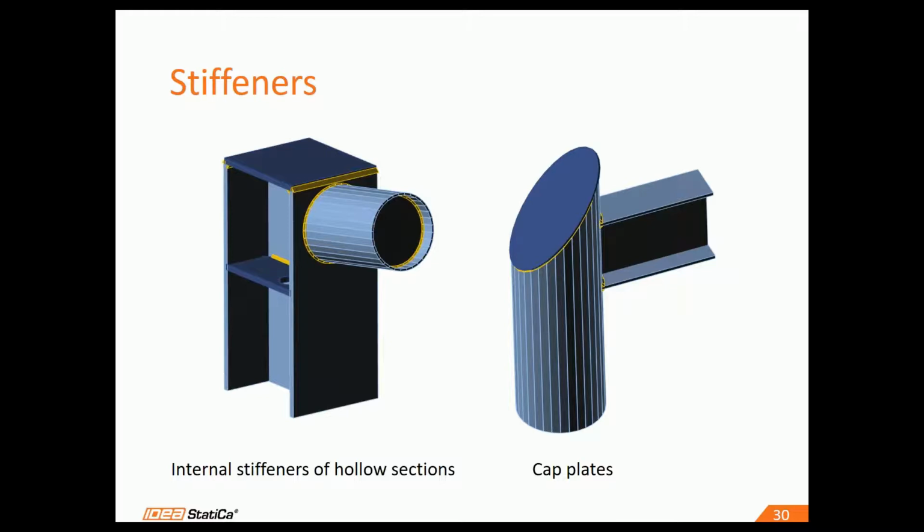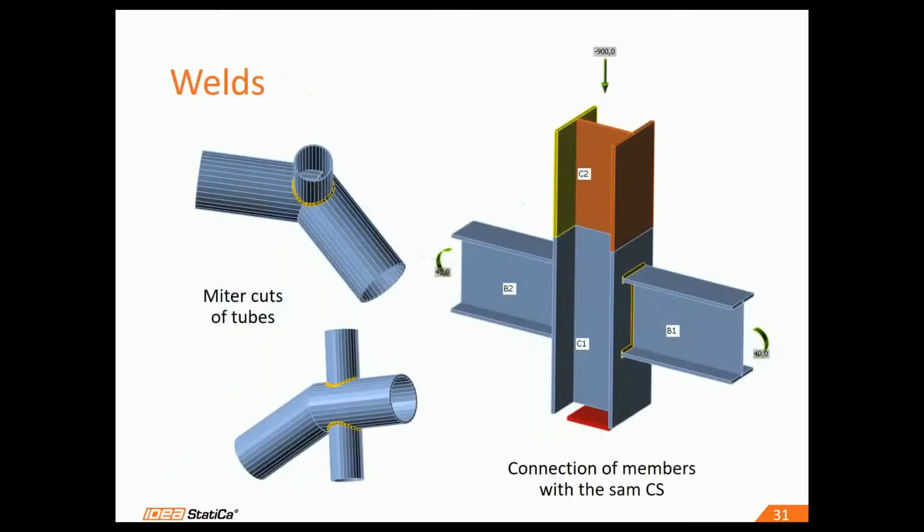So we have made this operation faster, and we have added a new type of cut, especially for tubes. It's a miter cut, so now you can cut the tubes with the miter cut in one operation, and they can also be welded together.